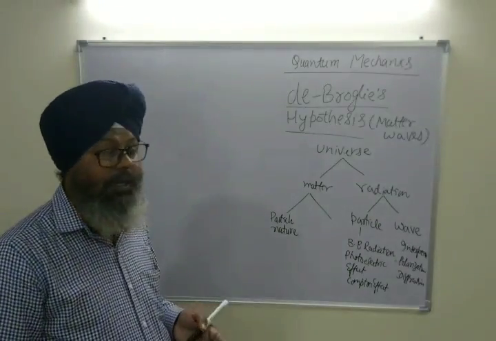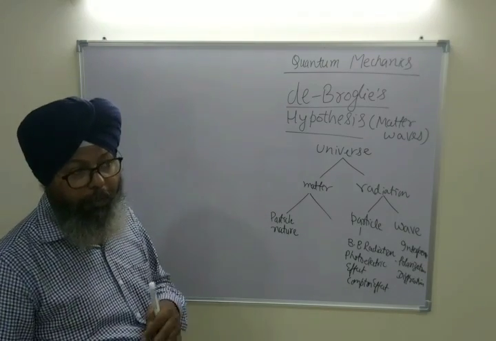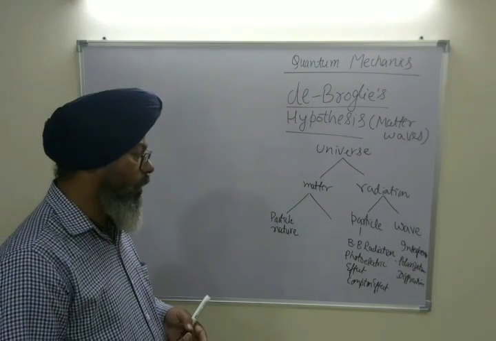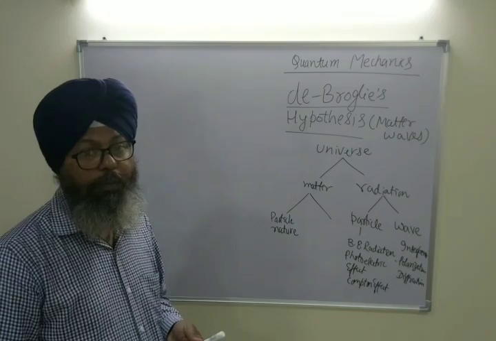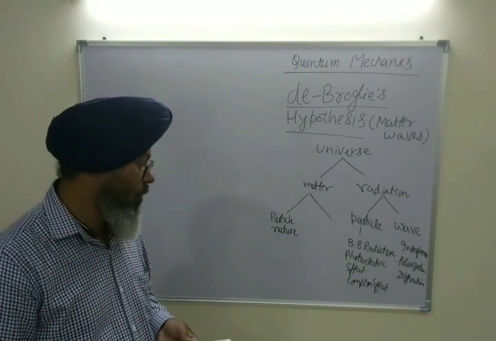When two particles strike each other, they cannot cross each other. They actually transfer momentum from one particle to another particle. On the other hand, waves can pass through each other. So therefore, the transfer of momentum is not the basic property of waves.